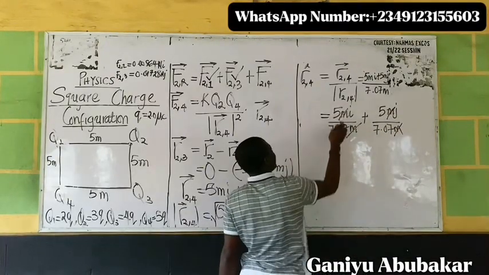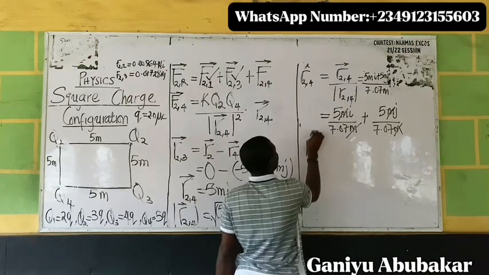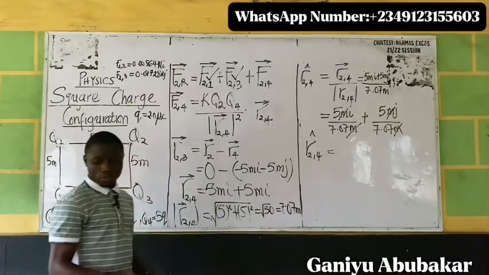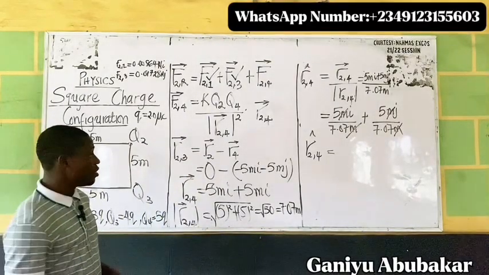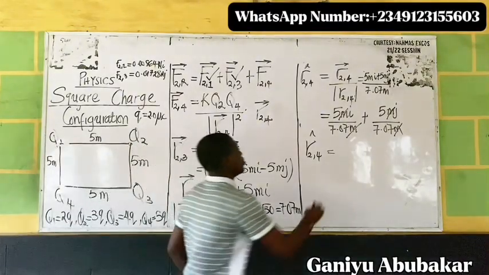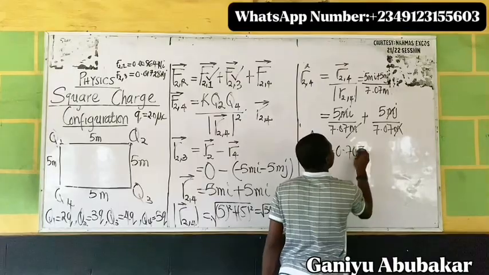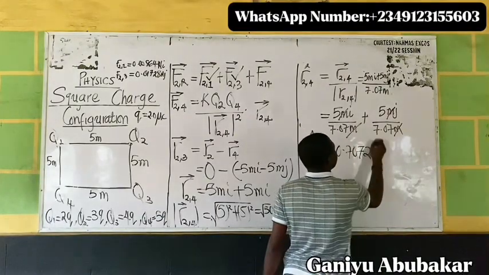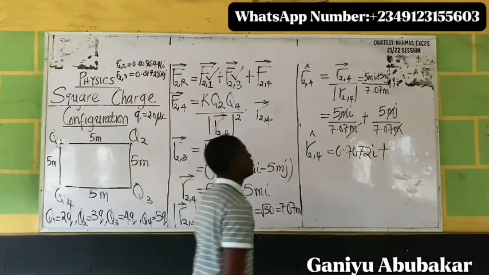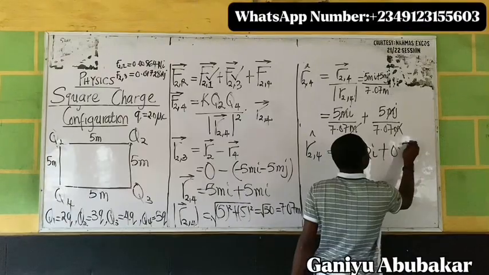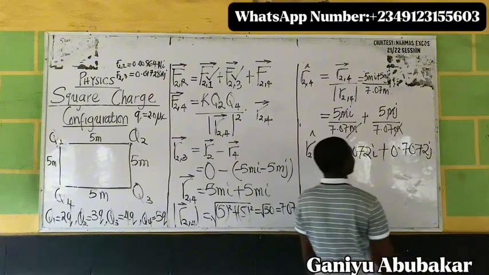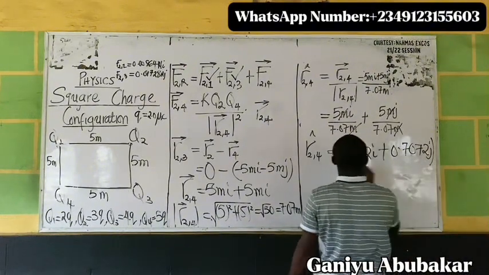Alright. At this value, I know that the unit vector of R24 will give 5 over 7.07, which is 0.707 I plus 5 over the same thing, that's 0.707 J. In meters, I can put meters outside this way.